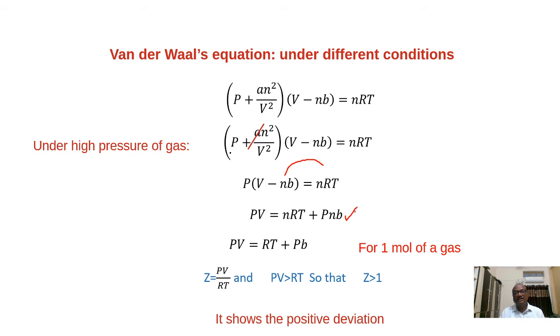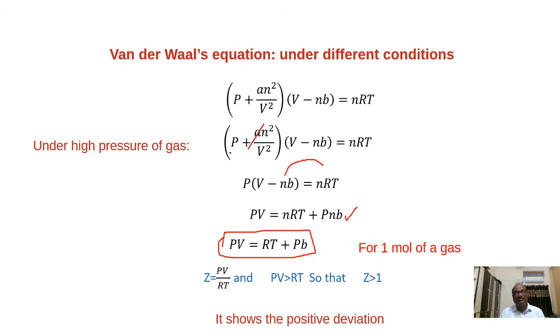That's why we can write PV = RT + Pb. This is the van der Waals equation under high pressure. We can apply this to a gas which is present under high pressure. Let us see about the compressibility factor.